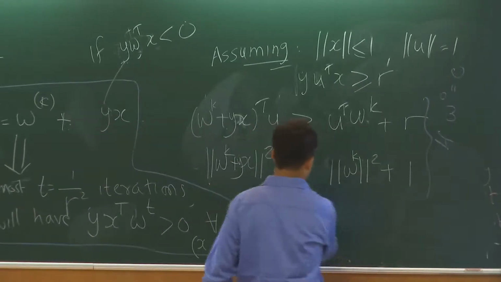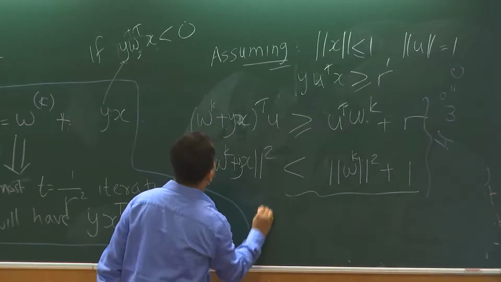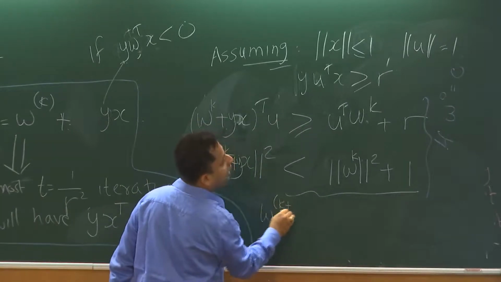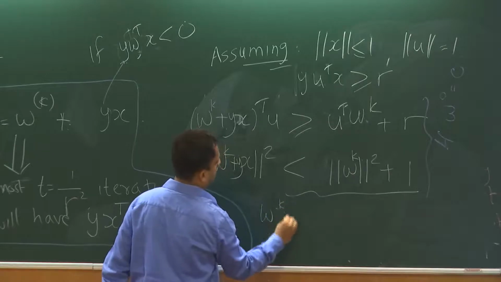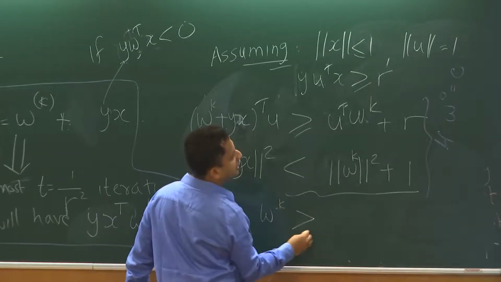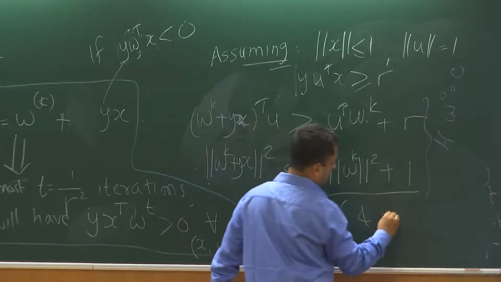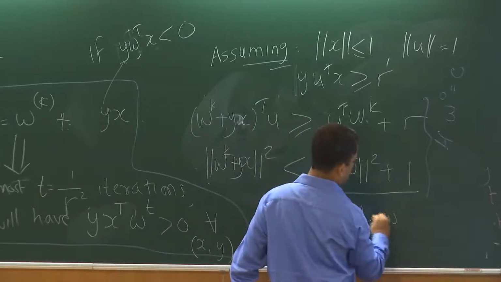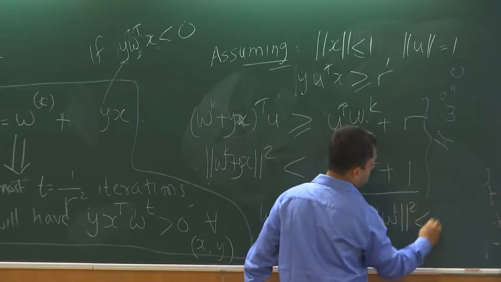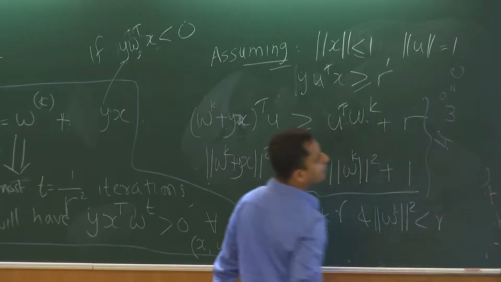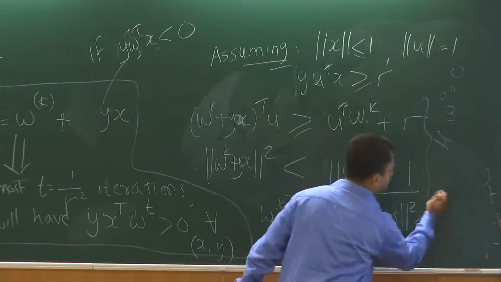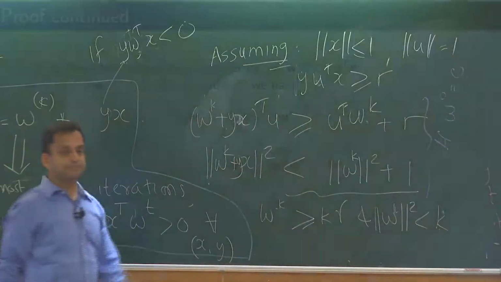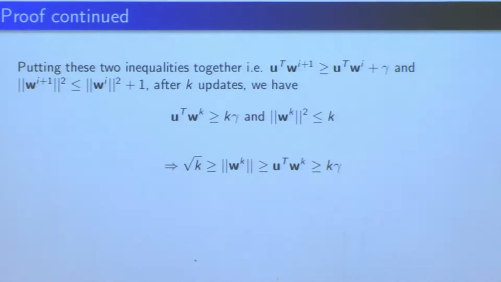So if w0 is 0, then after k steps you will have u transpose w k greater than or equal to k gamma, and norm w k square is less than or equal to k. This is the same as saying that norm w k is less than or equal to root k.